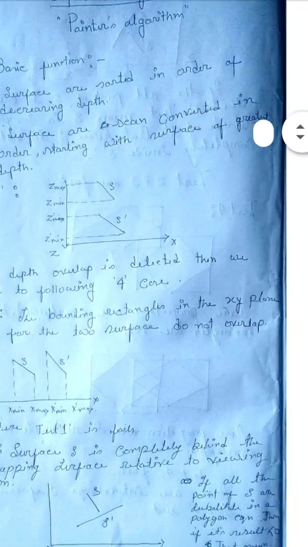There are two surfaces, S and S dash. If you are viewing from the negative z axis, then you can see there will be two surfaces. If a depth overlapping is detected, then we need to follow 4 cases.